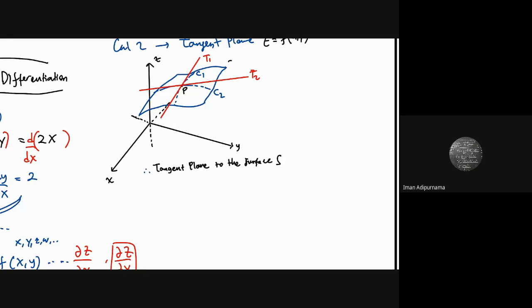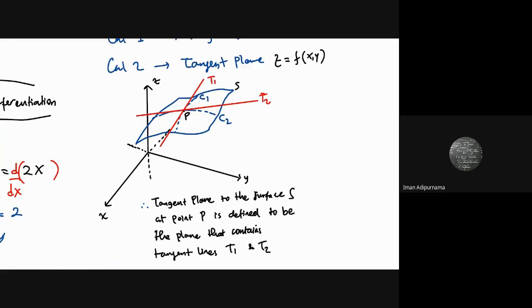Let's say this is the surface S. At point P, it is defined to be the plane that contains the tangent lines T1 and T2. Okay, so if we look at this T1 and T2, we can set up a plane.